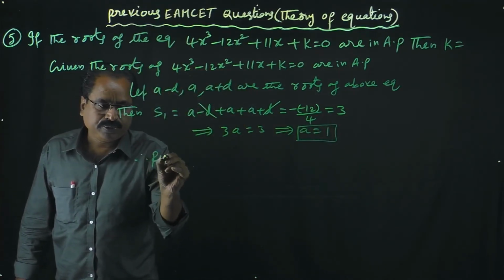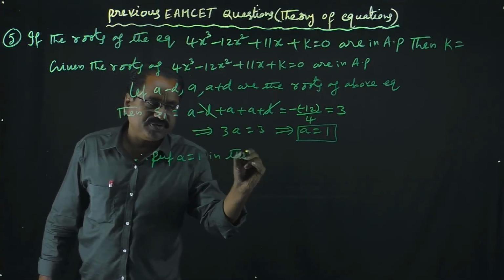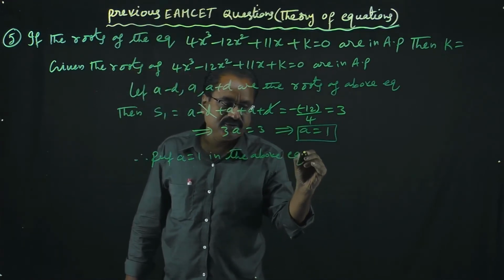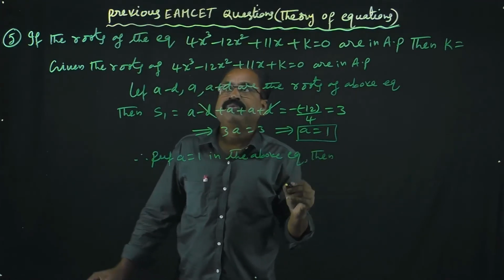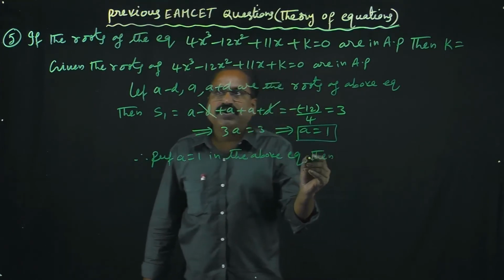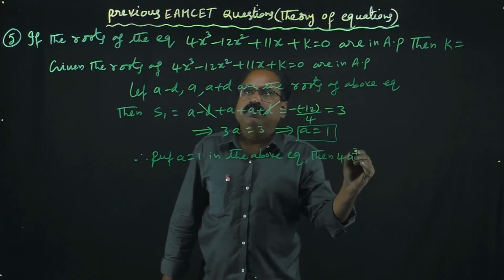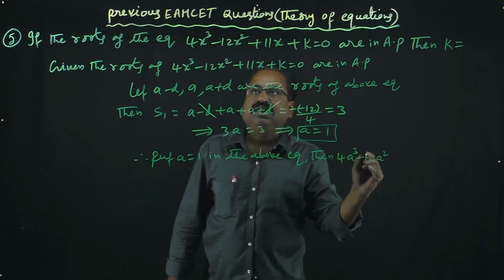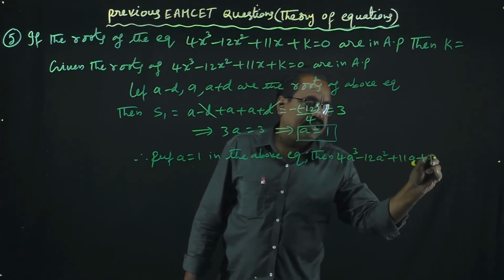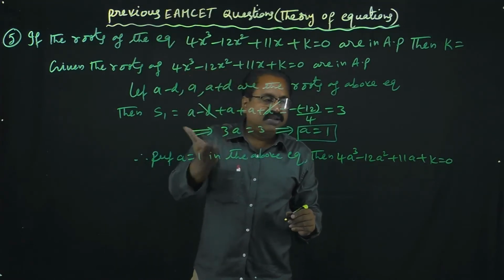Therefore, put a is equal to 1 in the given equation. Then 4a cube minus 12a square plus 11a plus k is equal to 0, because a is a root of the given equation.